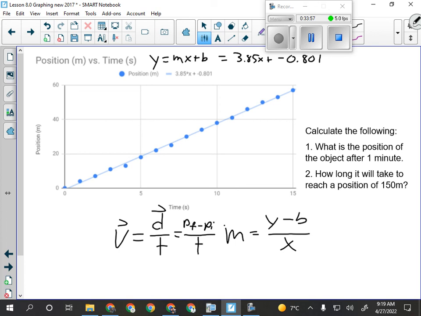That is exactly the same formula. Position is on the y-axis. Time is on the x-axis. That formula we've been using is derived from this graph. V equals d over t calculates the slope of a position versus time graph.